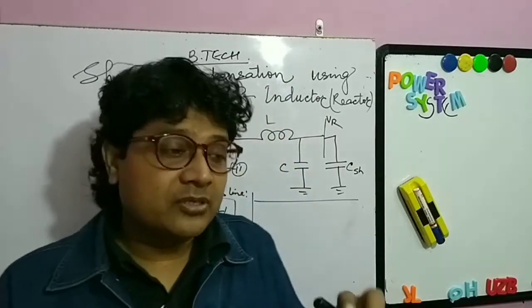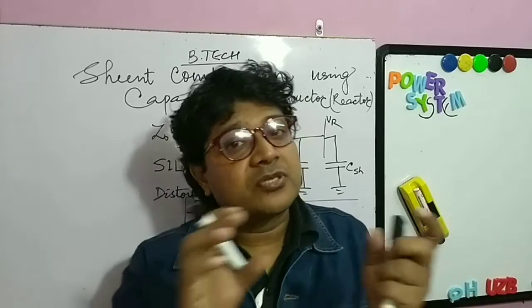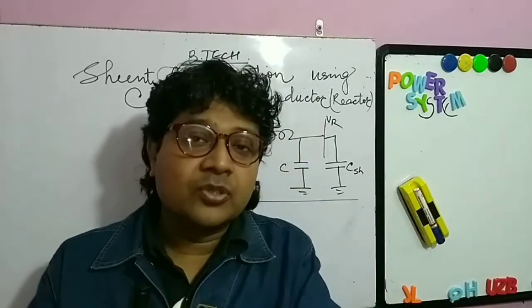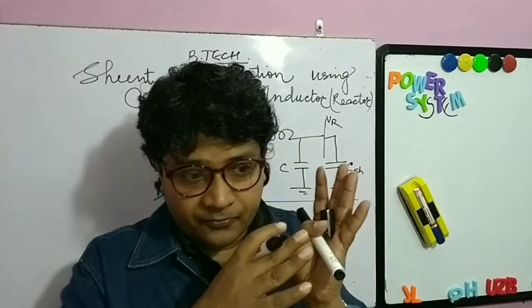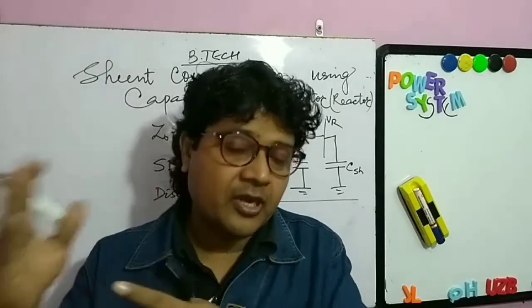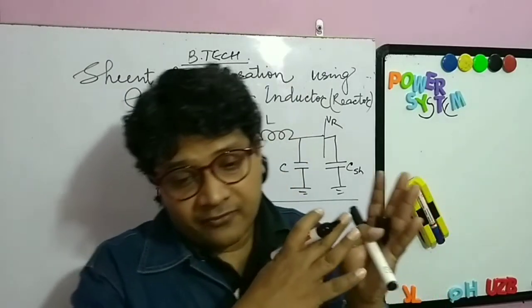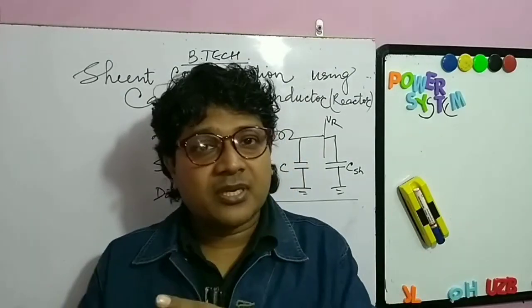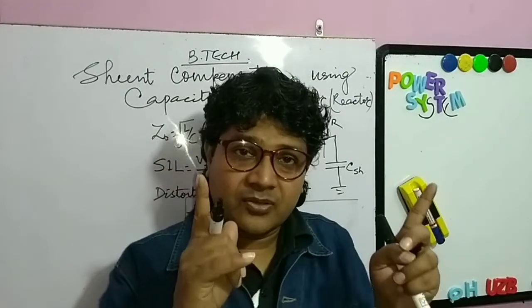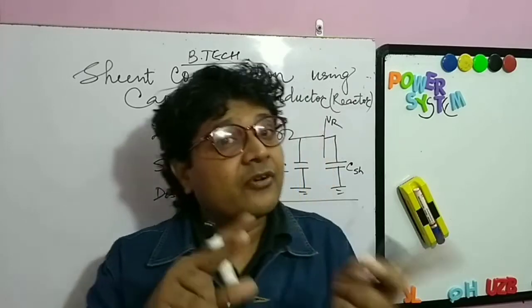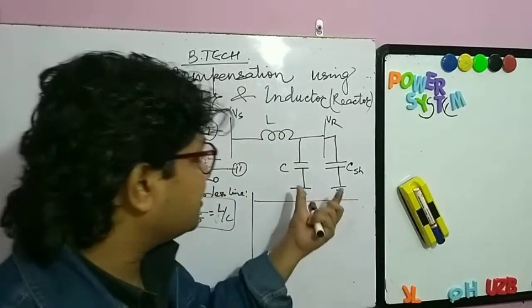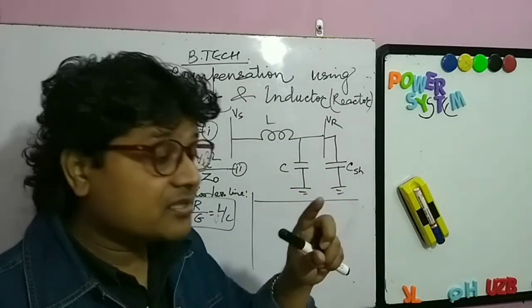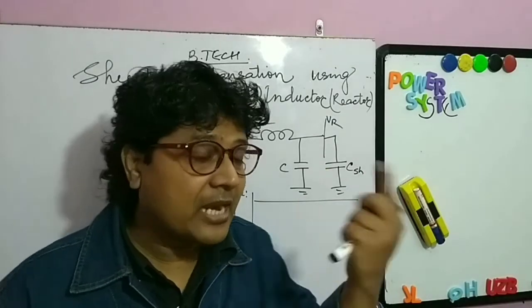If we are talking about a series connected system, certainly we calculate the impedance of the total circuit. So for series, impedance, and for parallel, admittance. Because these two are connected in parallel, certainly we should go for admittance.